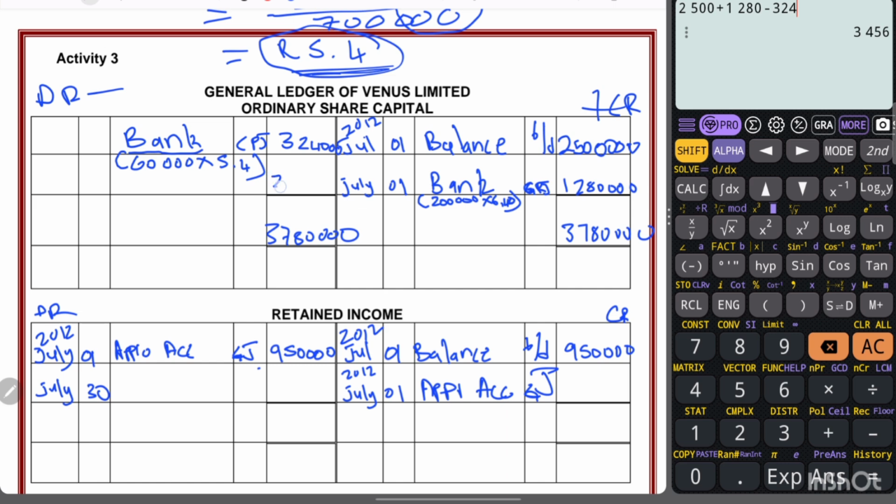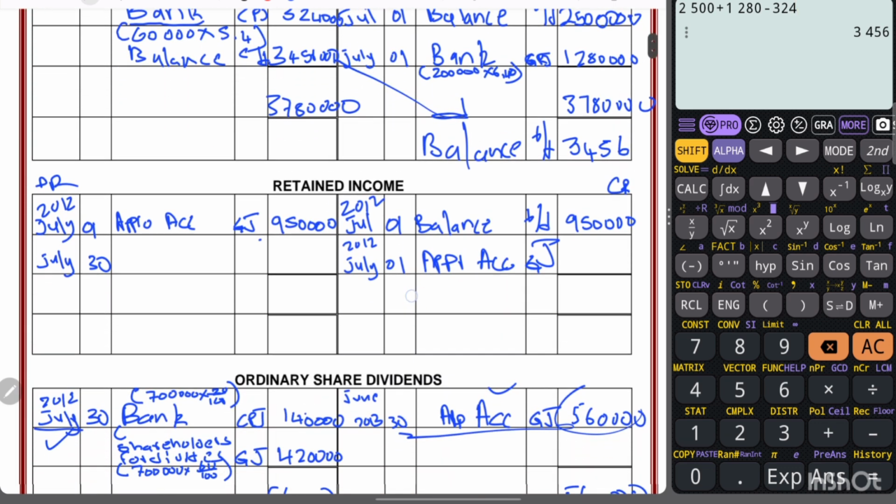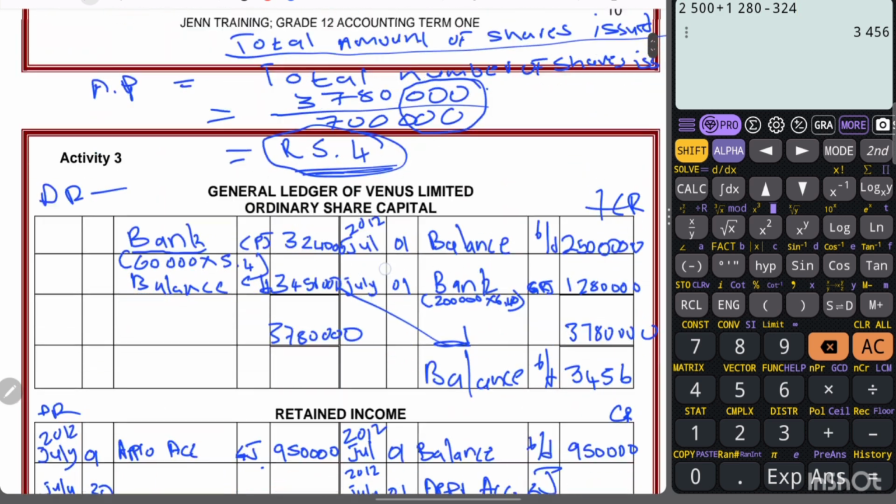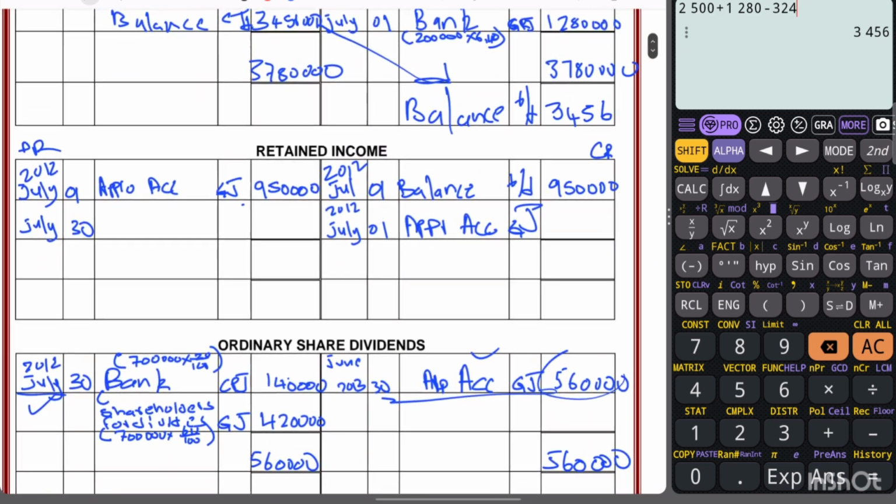It's gonna be 3,456,000 now. This one is gonna be our balance carried down. Then it must be seen here. It's gonna be our balance brought down. How much? It's 3,456 now.